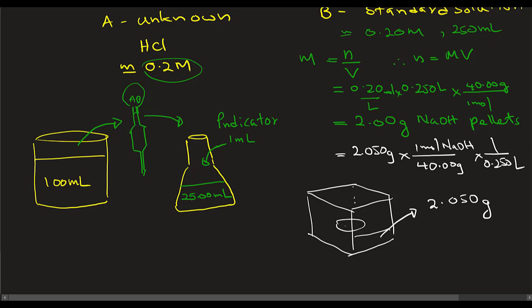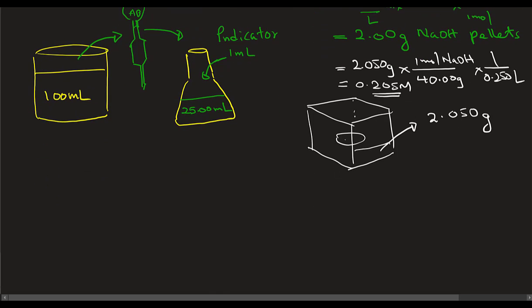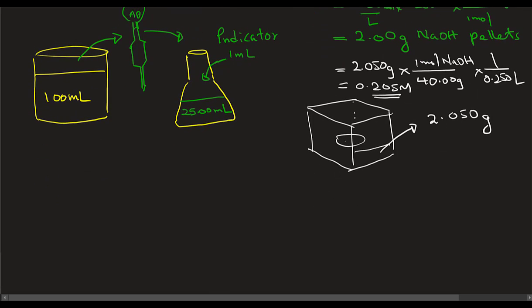Then convert that to moles: 2.05 grams divided by 40 grams per mole, and divided by 0.25 liters. That will give you the precise molarity, 0.205 moles per liter. So that's the accurate value for the standardized sodium hydroxide solution, right?